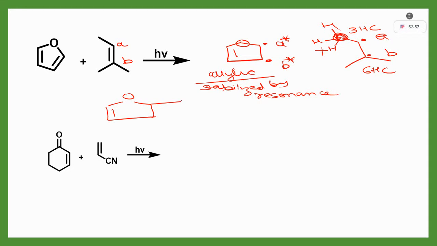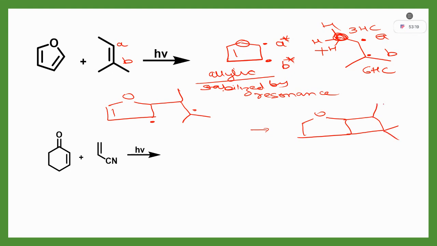This will combine with that radical which is unstable at right hand side, which is above one in comparison. And at last, these two radicals will combine. So this will be your major regioisomer that is formed in this Paterno-Buchi reaction.